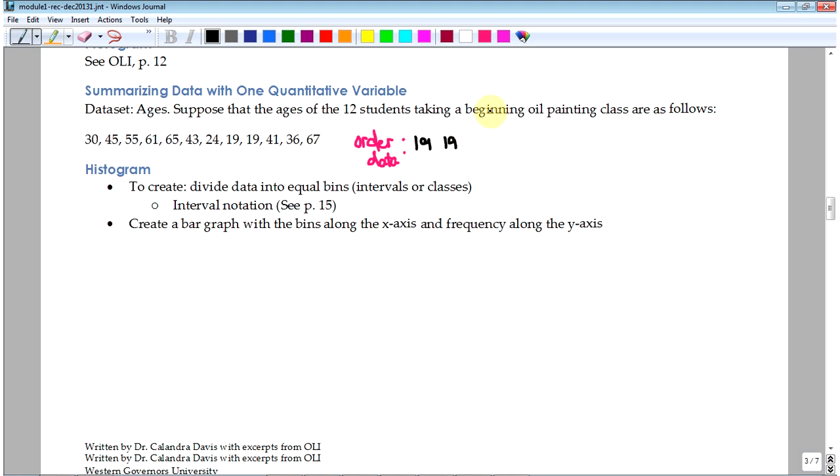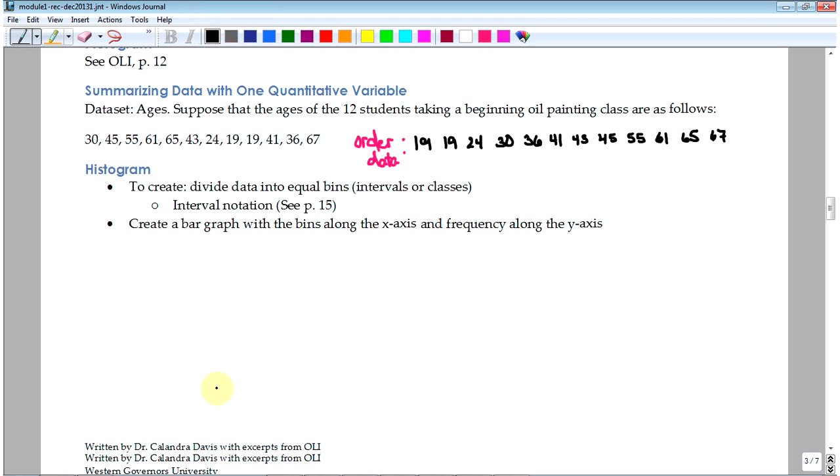Okay, so I have 19 twice, I have 24, 30, 36, 41, 43, 45, 55, 61, 65, and 67.